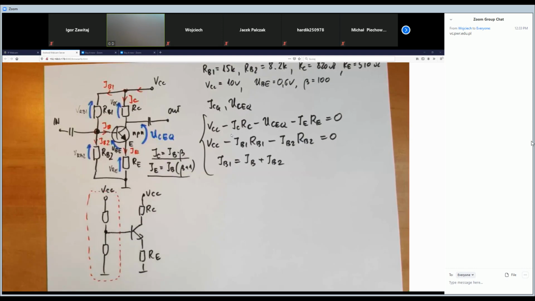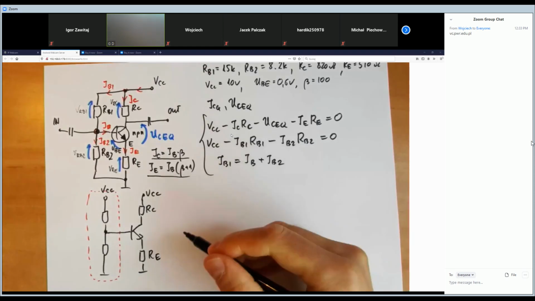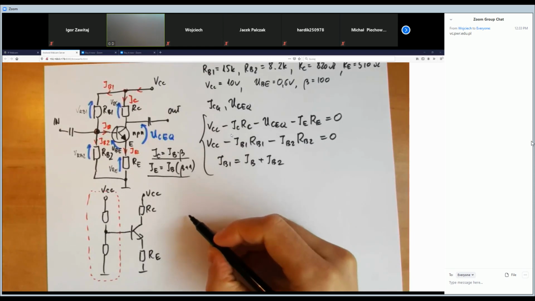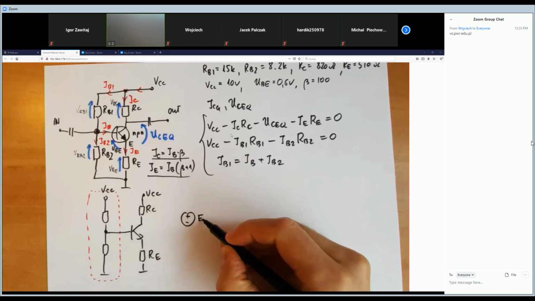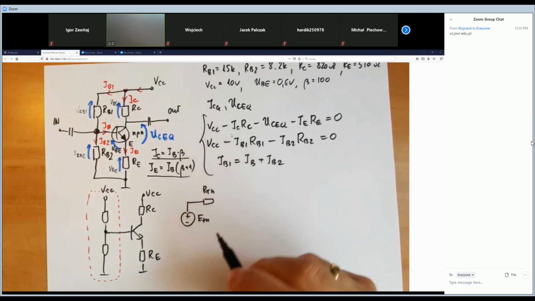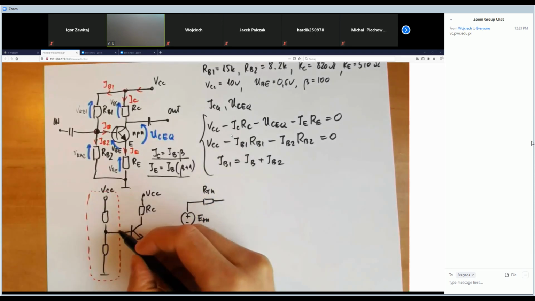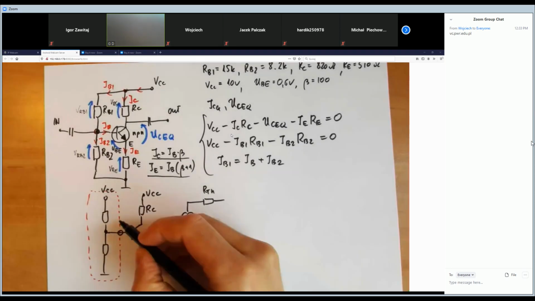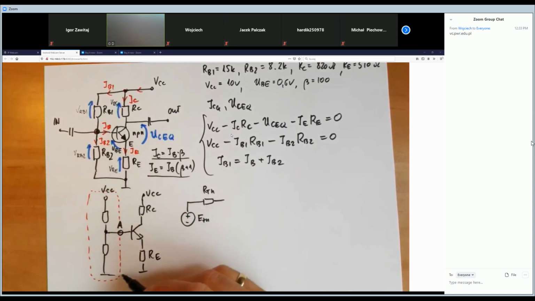will change, according to Thevenin's theorem, to the equivalent circuit, like that: ETH and RTH. Okay? Let's say this point is A, and this one is B, and this is the ground.